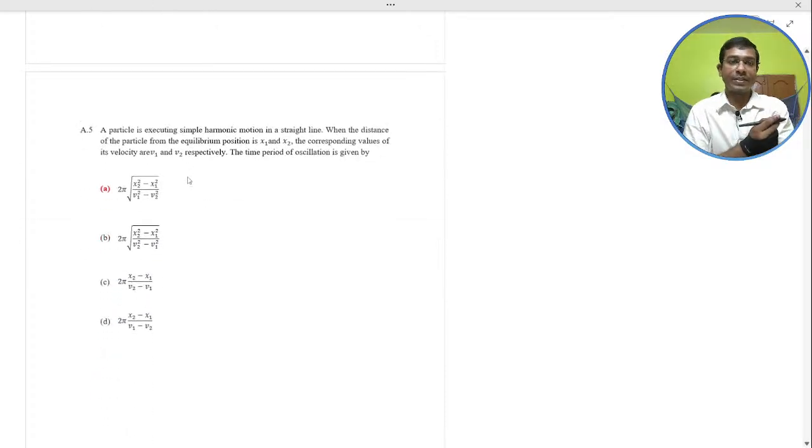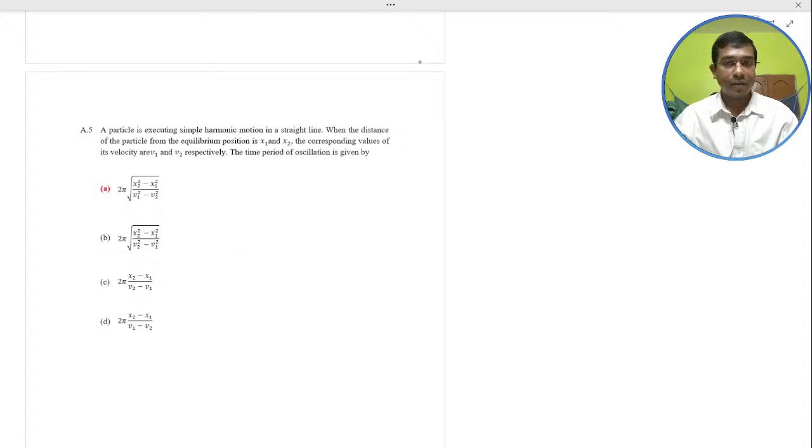A particle is executing simple harmonic motion in a straight line. When the distance of the particle from the equilibrium position is x1 and x2, the corresponding values of the velocity are v1 and v2 respectively. The time period of oscillation is given by what? Simple question, class 12 concept.